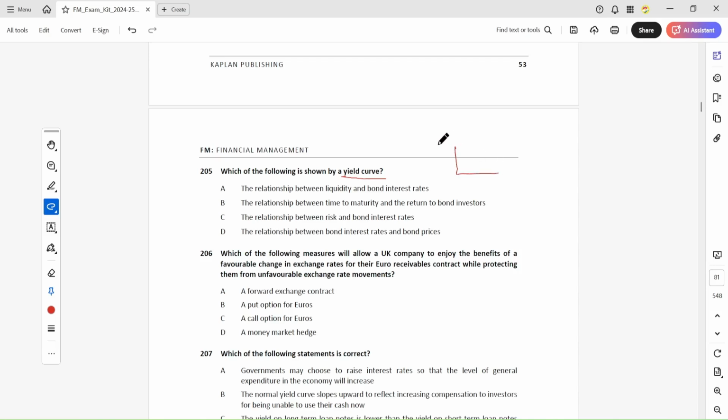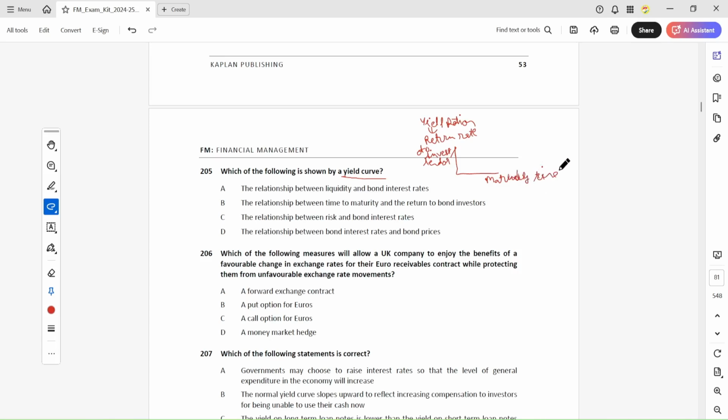On one axis we have the return, that is we call yield, the yield rate, which is the return rate to the investor or lender, and on the other axis we have the maturity time.